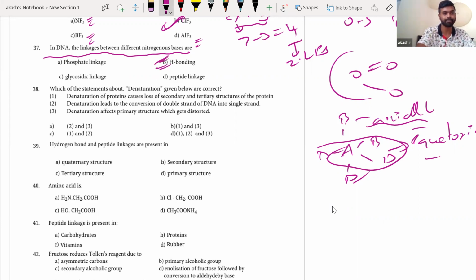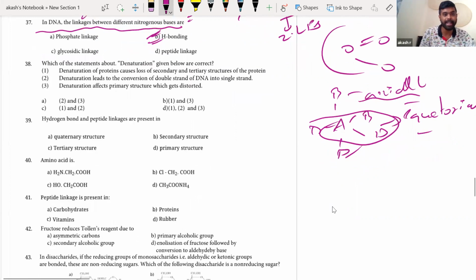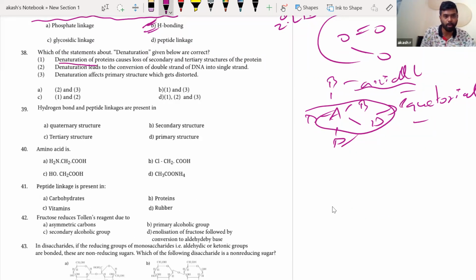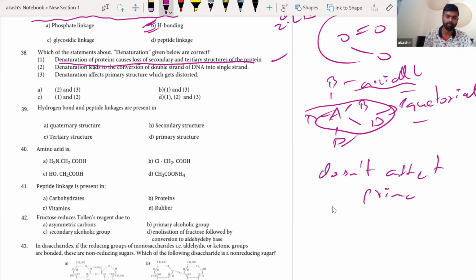Moving on. The statements about denaturation are given below. Okay. Denaturation of protein causes the loss of secondary and tertiary structure. Yes, right. Please understand, denaturation does not affect primary structure. Okay.